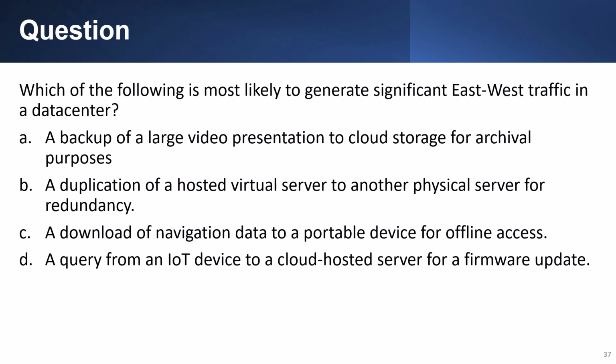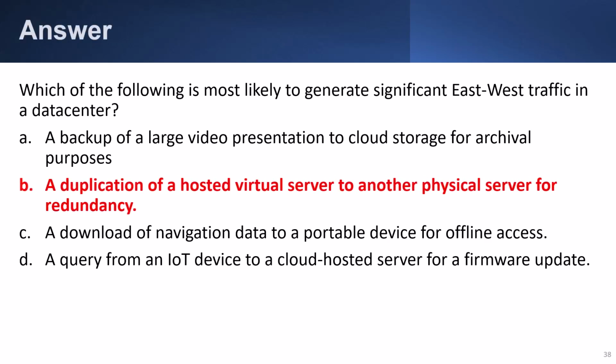Question: which of the following is most likely to generate significant east-west traffic in a data center? Answer: a duplication of hosted virtual server to another physical server for redundancy.